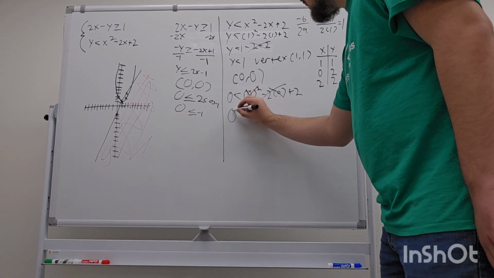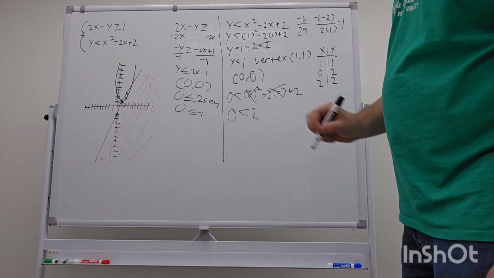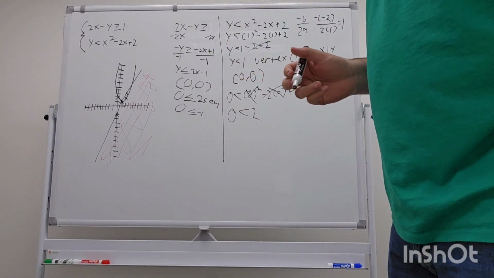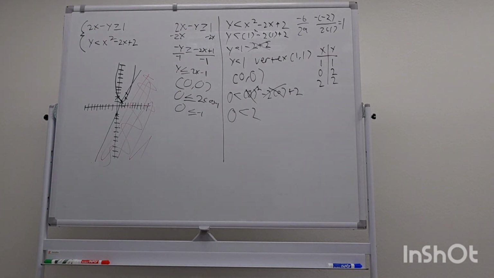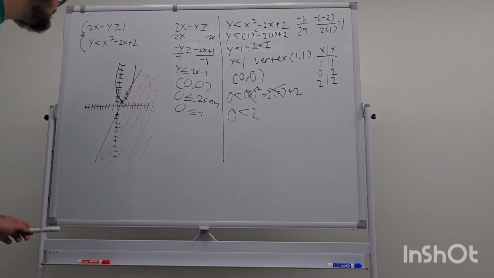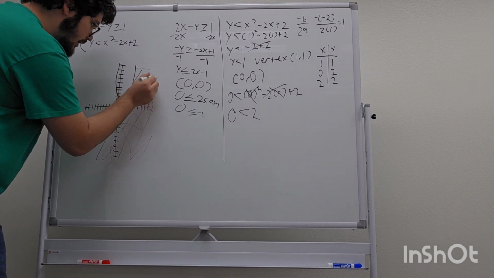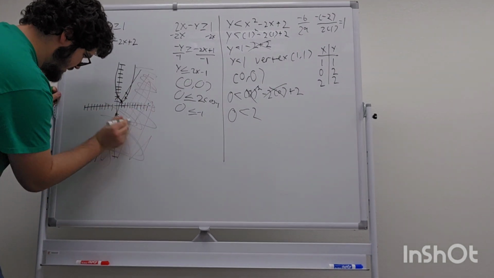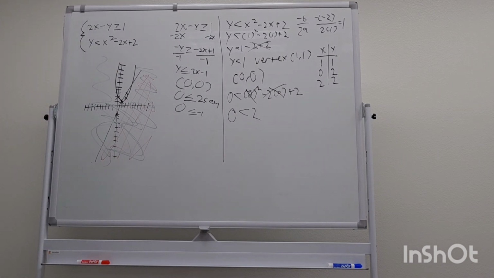So we have 0 is less than 2. Now, this is true. So 0 is going to be part of our solution set. So we see the solution set is outside of the parabola. So this entire area outside of the parabola is our solution set.